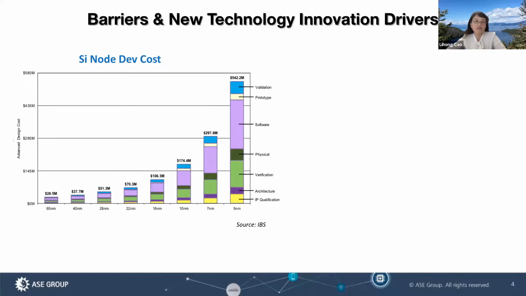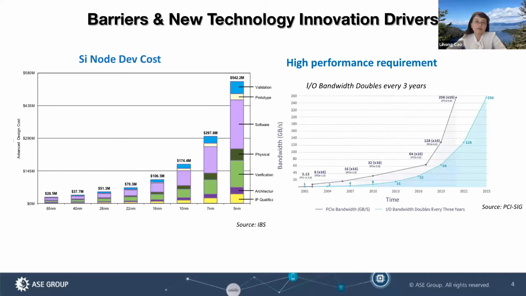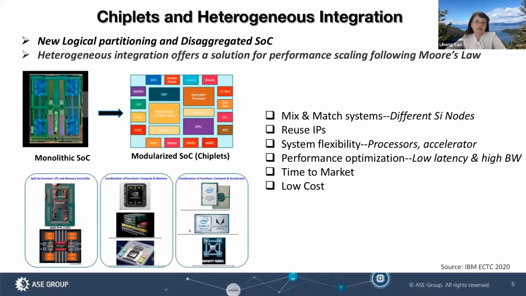You also heard this from Thomas' talk just now. Meanwhile, the performance requirement has increased as people are looking for more cores in their computing engines. The graph on the right shows the I/O bandwidth is doubling every 3 years. Therefore, as a result of these diverging phenomena, there is an urgent need for new technology innovation.